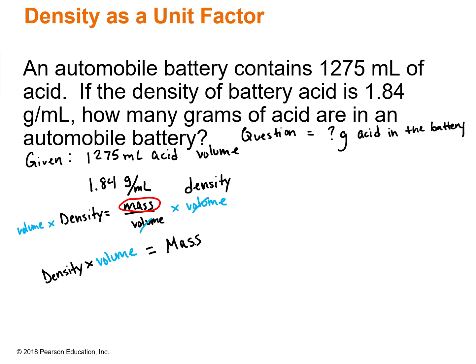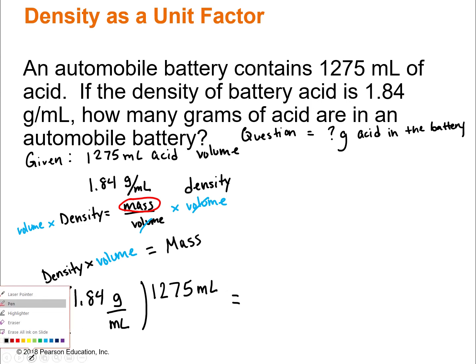Now we have both parts to figure out the mass. Our density is 1.84 grams per milliliter, and we're going to multiply that by 1,275 milliliters. When we look at density like this, it looks like a unit factor, right?